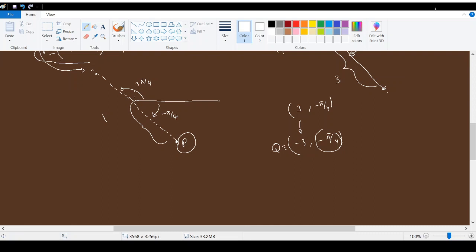But if we take a copy of this straight line and coincide it with the positive x-axis of the Cartesian plane, then we will be able to obtain a relationship between Cartesian coordinates and the polar coordinates. So you have to understand this clearly.